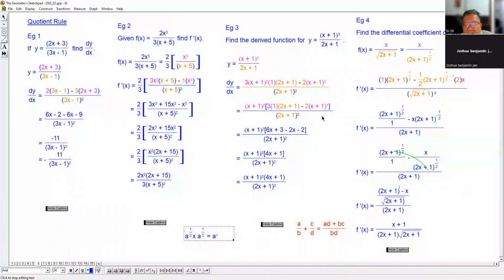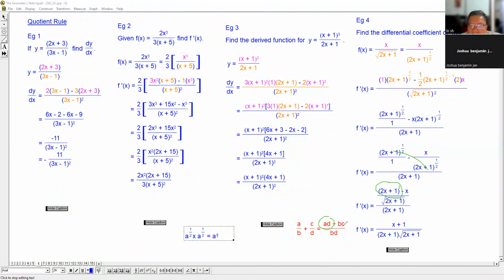So this is my AD. This is your AD. How do you get AD? A times D. Okay, so far? Okay.